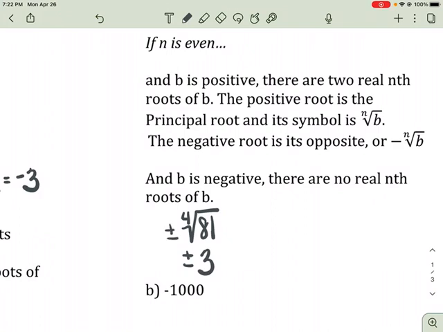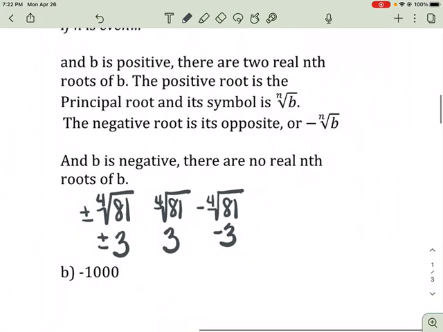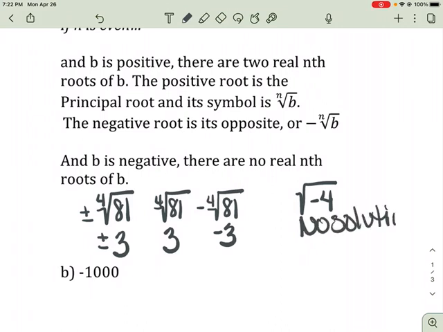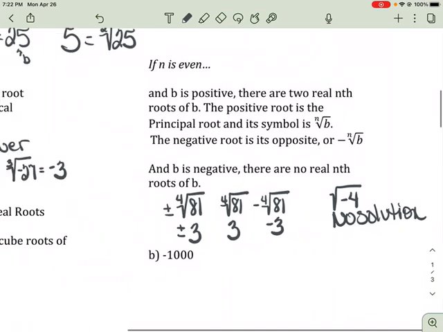If it just says positive fourth root of 81, your answer is 3. Negative fourth root of 81, your answer is negative 3. If I want both, I put a little plus and minus sign there. But if I wanted the square root of negative 4, we know that's i, but we're only dealing with real numbers, so we would say no solution here. Our answers are only in the real numbers. We have no i's in any of our problems.